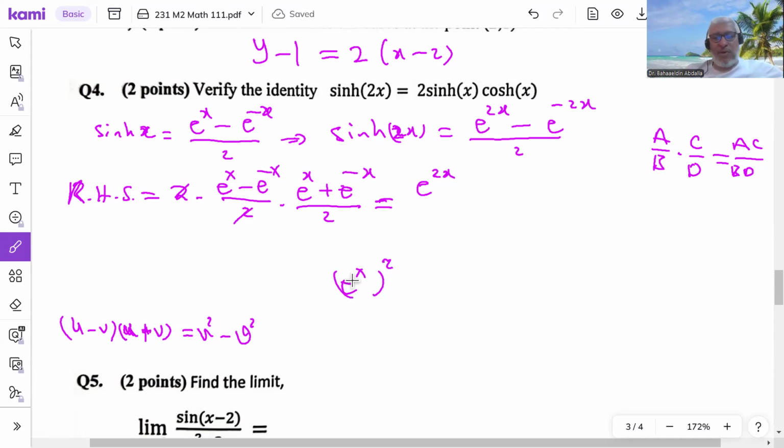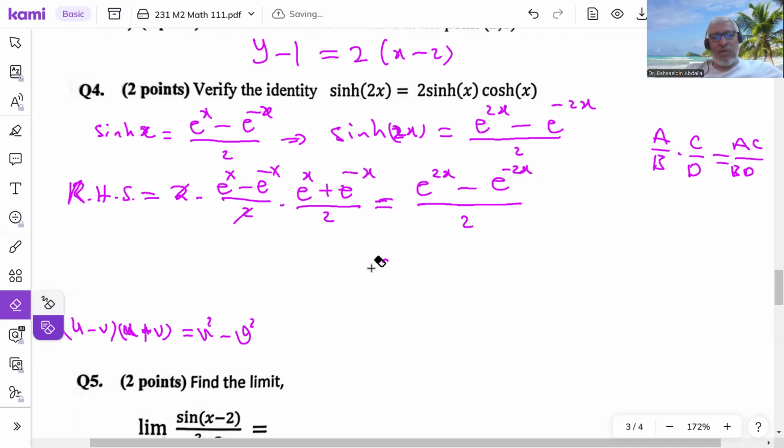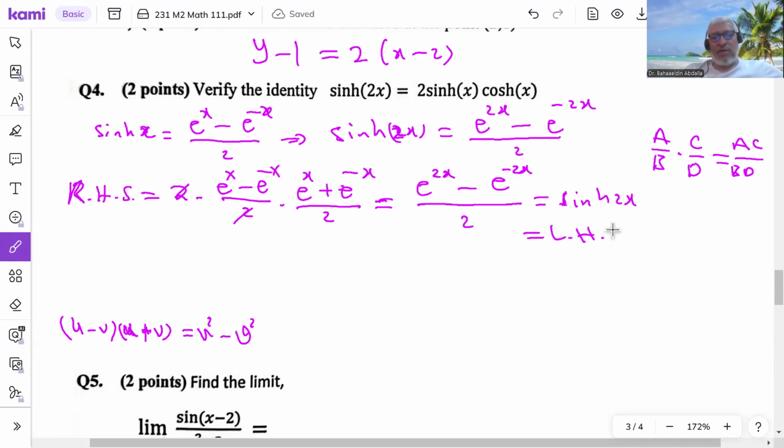And then we multiply the powers, so we get 2x, minus the square of e to the power -x, which is e to the power -2x, over 2 times 1, which is 2. And what is this? This is in fact sinh 2x, which is the left-hand side. So this is the proof of the identity.